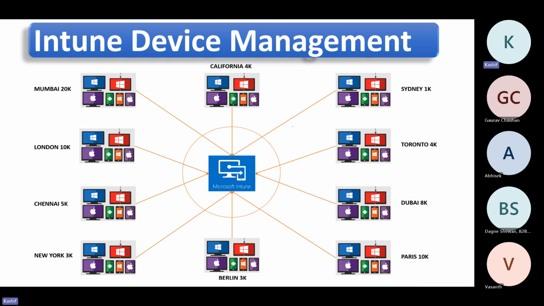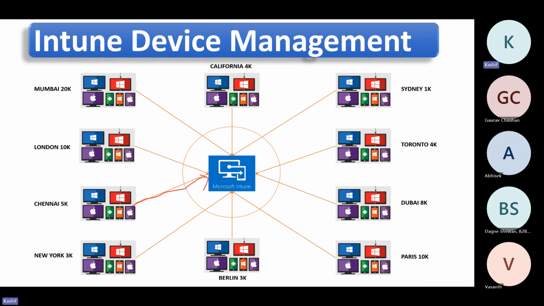Now, how does Intune manage devices all over the globe? Intune manages devices all over the globe based on enrollment. So you have to enroll the device into Intune. Like you have Windows 10, Windows 11 devices, MacBook, Android, iPhone, Linux. So you need to enroll them.